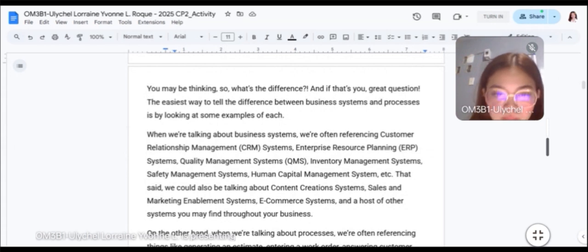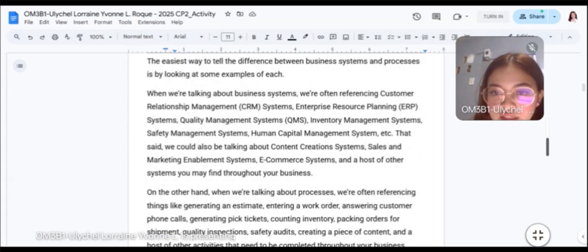When we're talking about business systems, we're often referencing customer relationship management or CRM systems, enterprise resource planning or ERP systems, quality management systems or QMS, inventory management systems, safety management systems, human capital management systems, and etc. That said, we could also be talking about content creation systems, sales and marketing enablement systems, e-commerce systems, and a host of other systems you may find throughout your business.